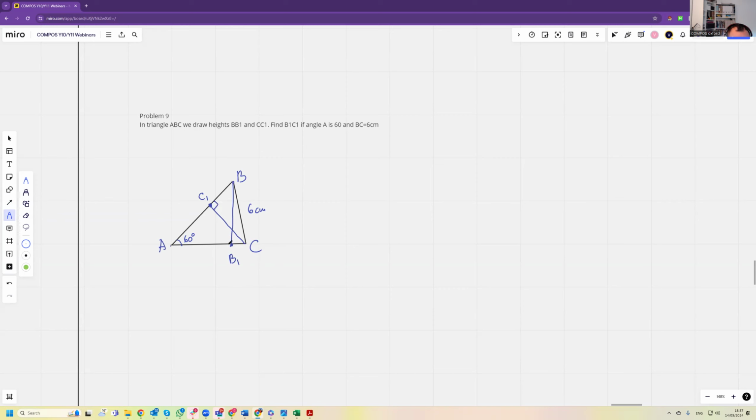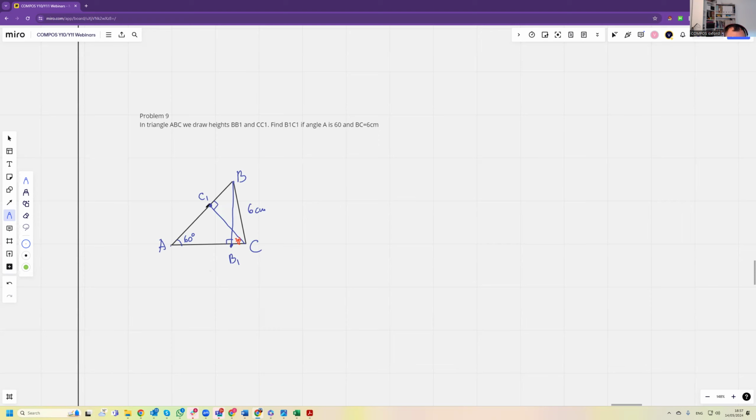So this is a right angle triangle. This is a right angle triangle. We need to find B1C1. Interesting. Okay, so what can we do here? Well, quite straightforward, actually. If this is 60, that means that this angle is 30.